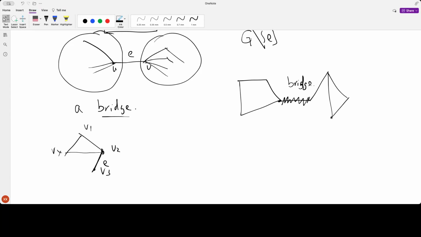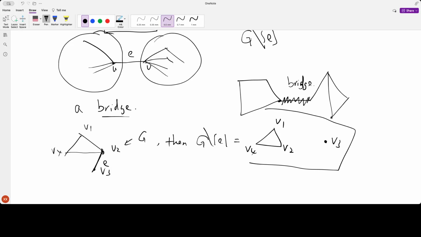If you accept this, so this is my G, then G minus E will be 2 parts: a triangle V1, V2, V4, and an isolated V3. There is no edge between them because the edge has been deleted. The graph is disconnected, with two connected components.